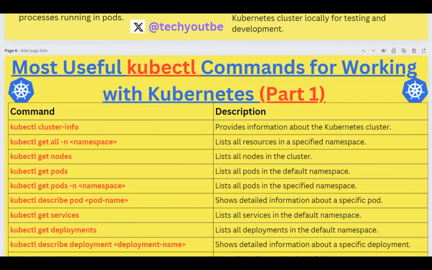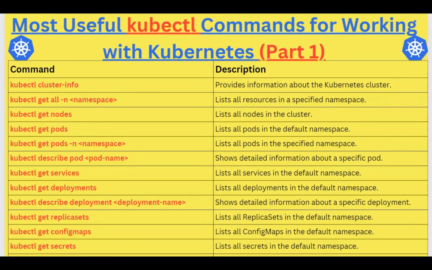Now the next set of cheat sheets belongs to kubectl commands, which are very helpful while working with Kubernetes. I have mentioned the full syntax of each command and what that particular command will do.